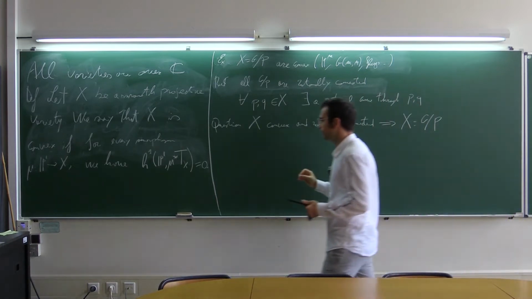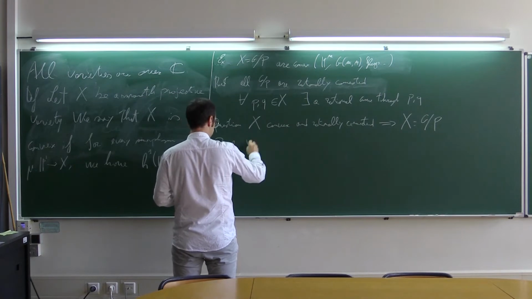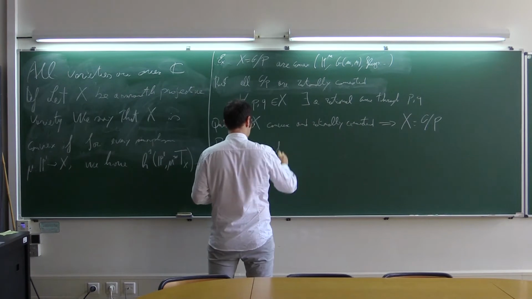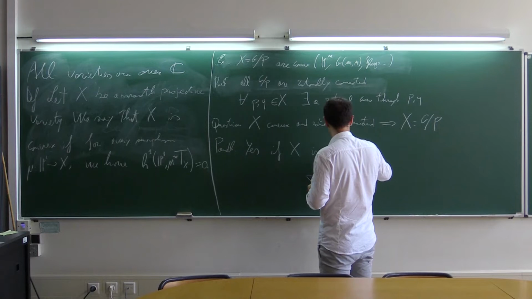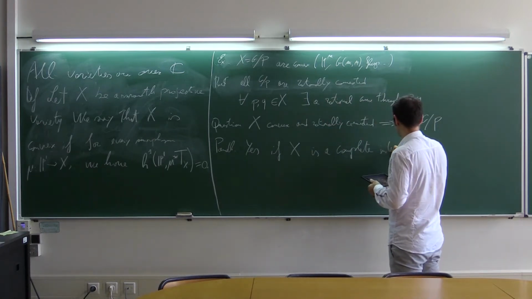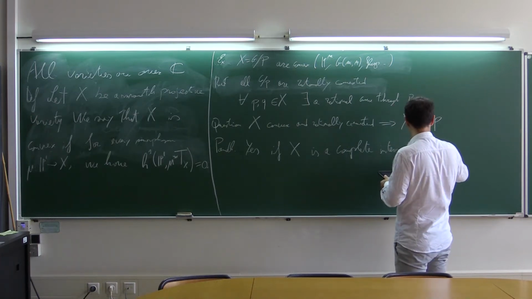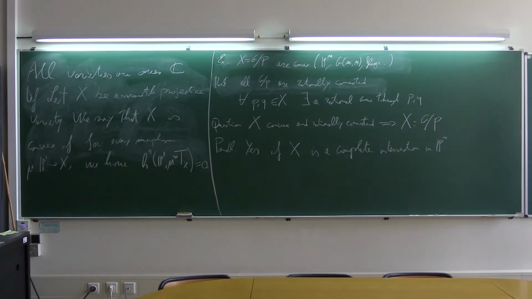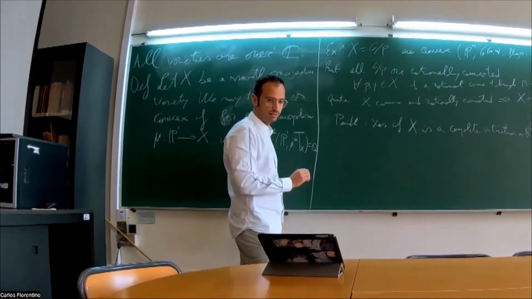There is a result of Pandharipande and others that says the answer is yes if X is a complete intersection in the projective space. Let's try to move on since we are already late.